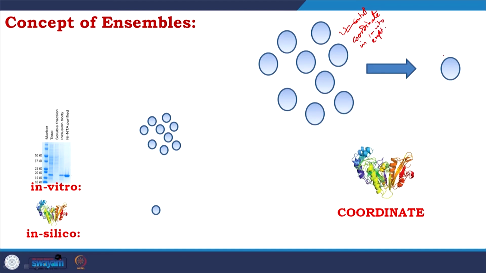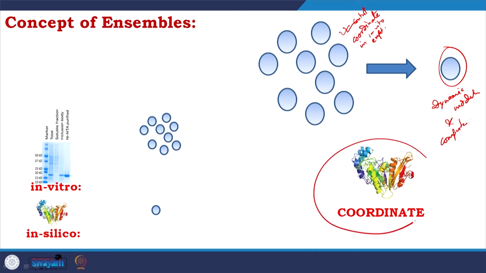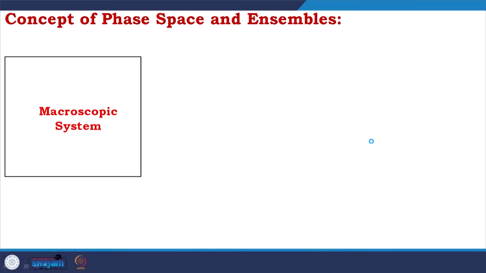Whereas, in dynamic modeling or any computational study, we could control the change of the coordinate. So, as I told, now I come to the concept of the correlation between the phase space and ensembles.